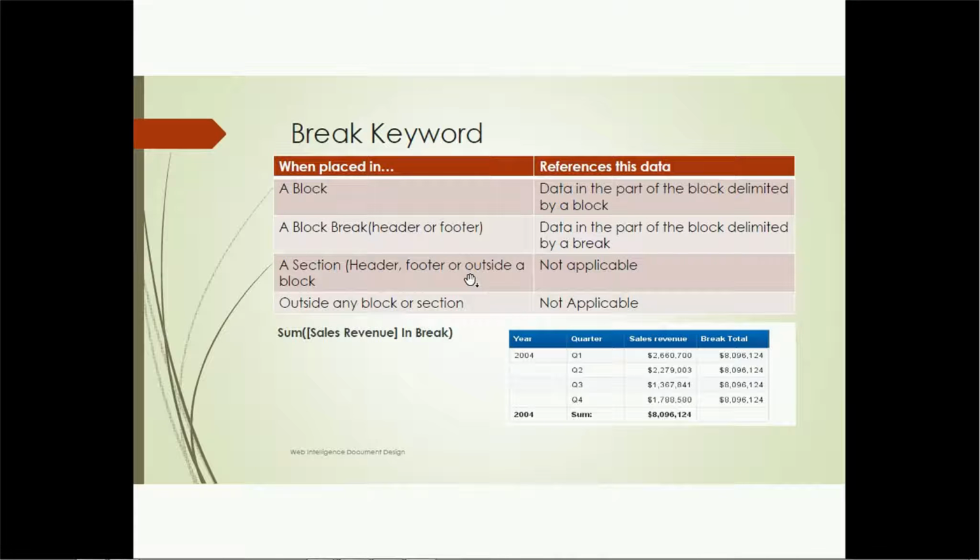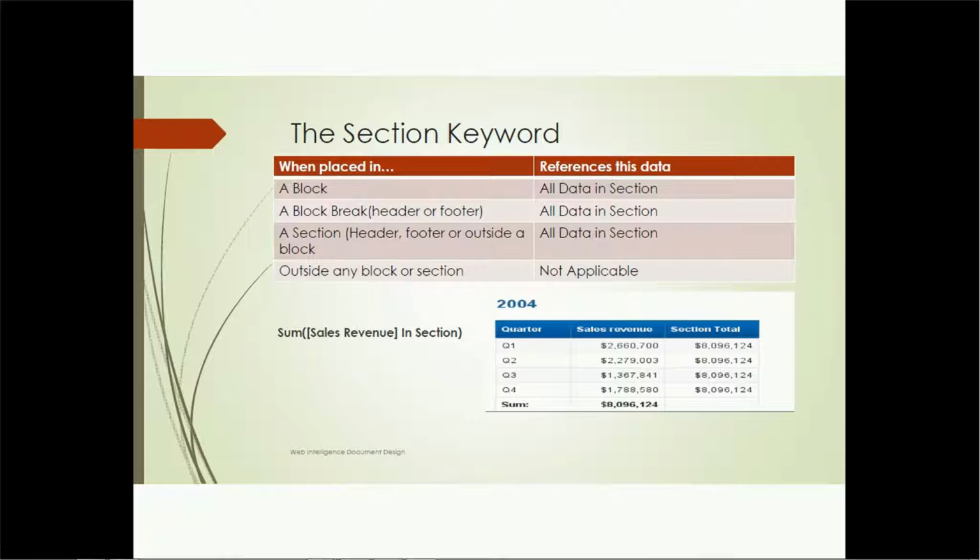Okay, so coming to the section keyword, when placed in a block, this is an example where sum of sales revenue in a section. So whatever the data it is getting calculated, sales revenue, it will reference all data in a section. So suppose this sales revenue is placed in a block. So this is a block where I wanted to place the sales revenue.